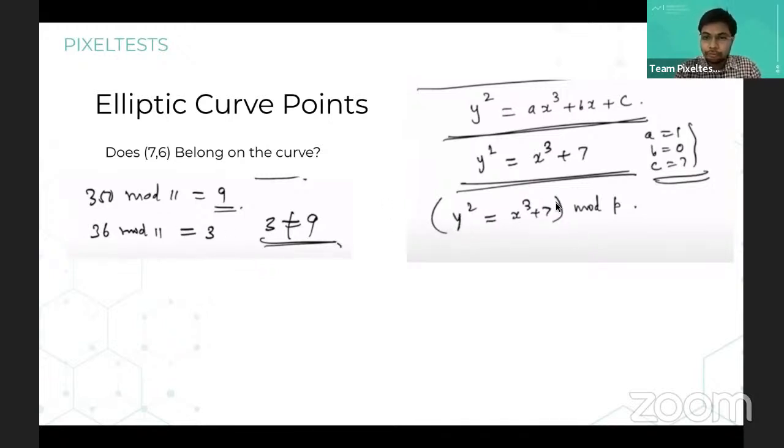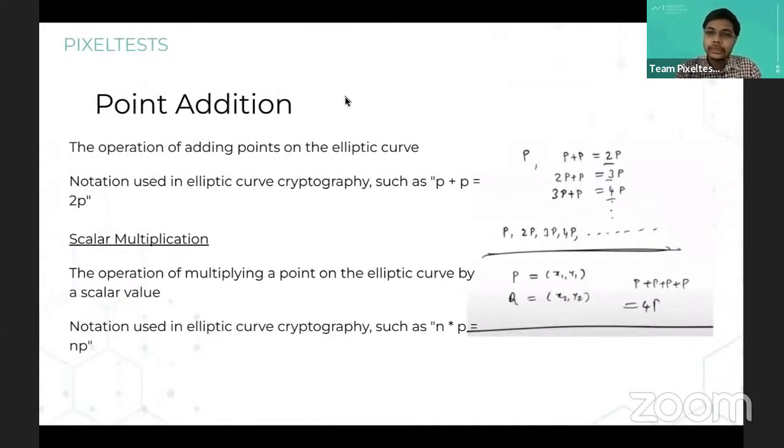So both of these are not equal, and that is the reason this particular point does not belong on the curve. That is how you check. For point addition, for example, you have one point and want to identify the other point. If you have point P, you can do P plus P and you will get 2P, and similarly you can add and get all the points that are there.